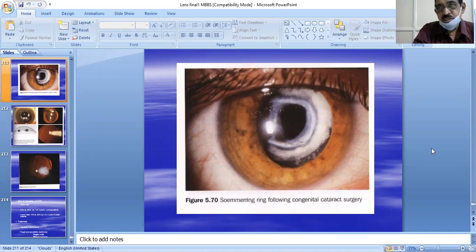If there is any astigmatism, or if the IOL power is not well corrected, with hypermetropia or myopia, that also will be corrected in the immediate post-operative period with unifocal lenses.